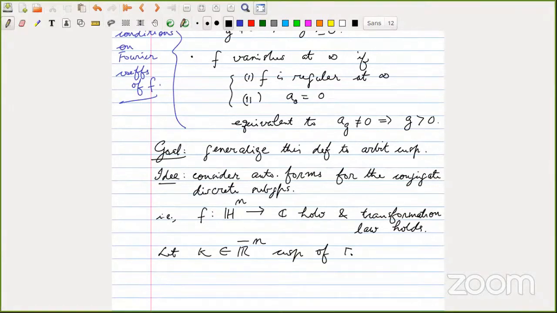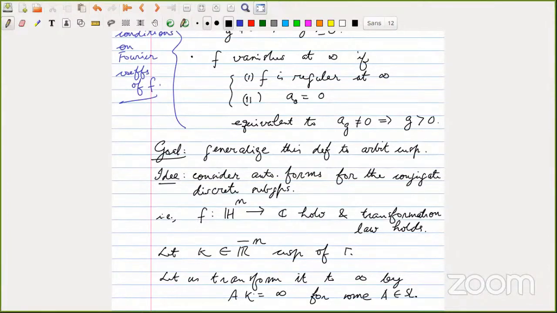Then let's transform it to the cusp at infinity by some matrix A, so that A kappa equals infinity, for some A inside SL2 of R to the n.